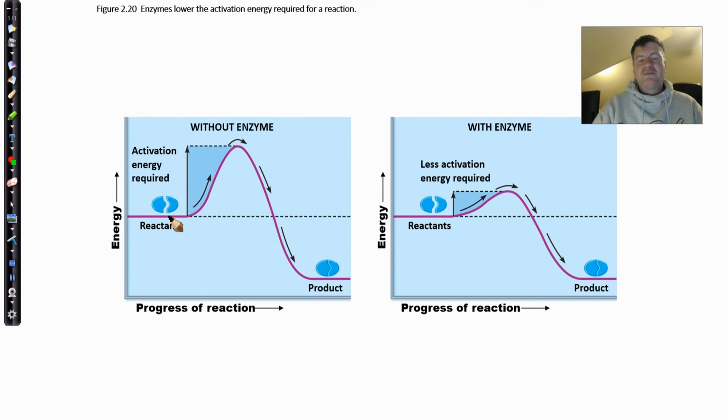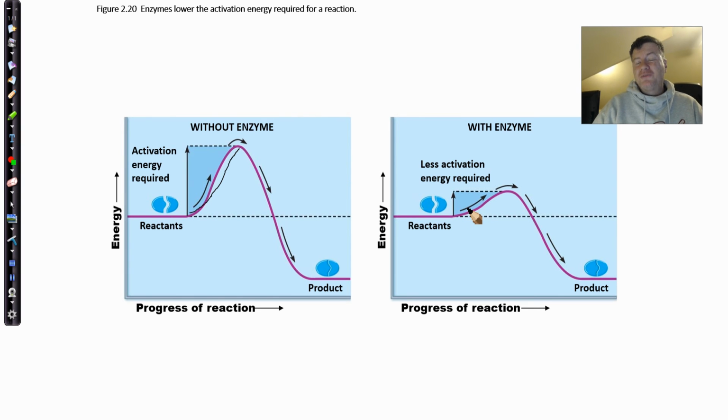These two things may be inside of a cell, and they're both moving kind of slowly, and the chance that one of them runs at the other one really hard and really fast is going to be kind of small on its own. So if it's a really steep curve like you're seeing here, it's probably not going to happen too easily, and therefore the reaction probably won't happen at all.